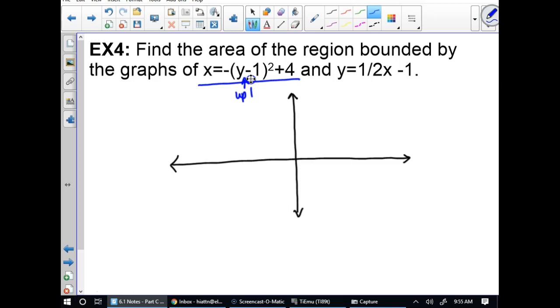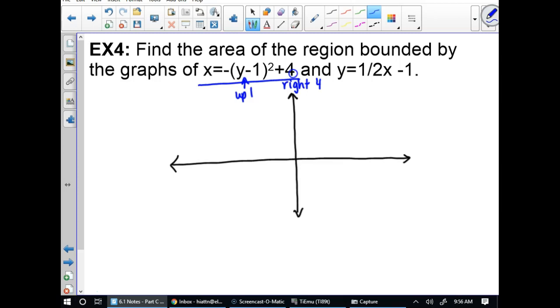And so if that tells me to go up 1, what's that plus 4 going to tell me? It's going to be right. Because it's on the outside of the parentheses, normally left and right is backwards and up or down is the correct direction. Everything is opposite when you do one of these.